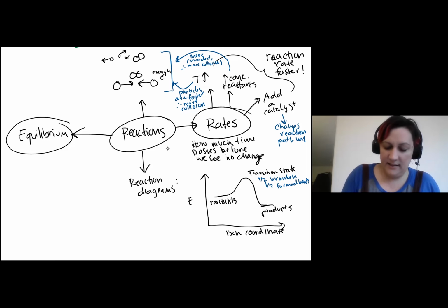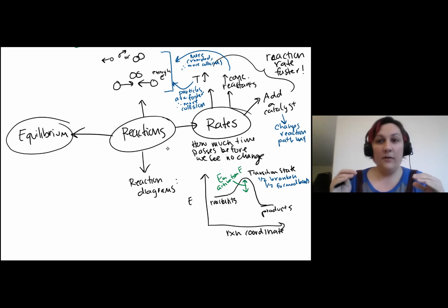And this difference right here in energy is what we call the activation energy. Now, in this one I drew, the products are at a lower energy than the reactants. And that's going to get us to this idea of whether something releases energy or absorbs energy for a reaction to take place.